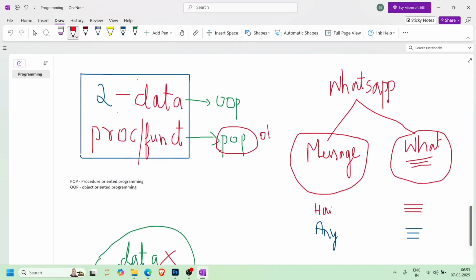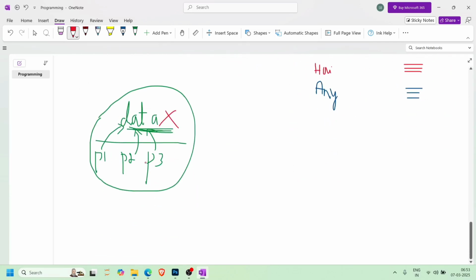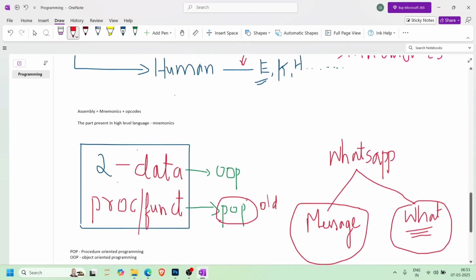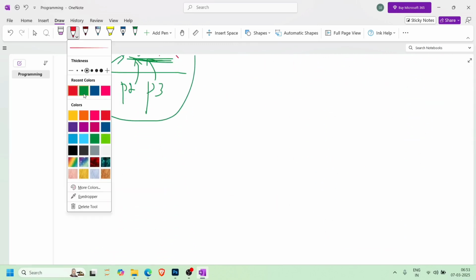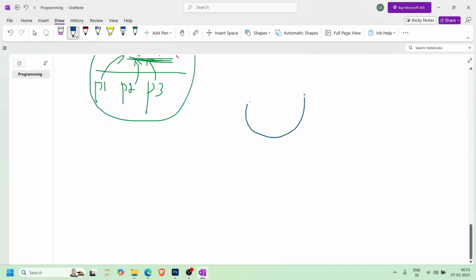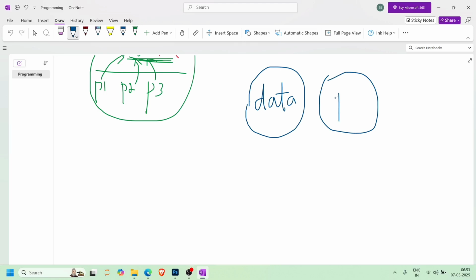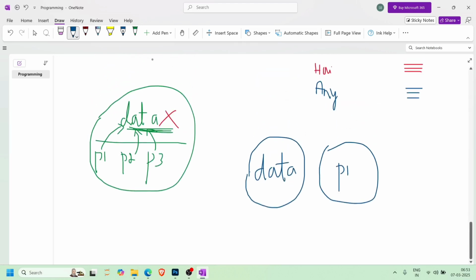I have explained what problems you faced in procedure oriented programming. To overcome these problems, object oriented programming was introduced. In object oriented programming, our data and its related functions, let us say procedure 1, are grouped into a single unit.